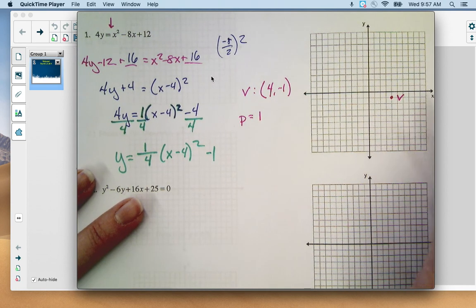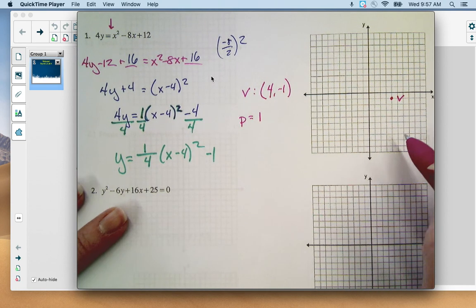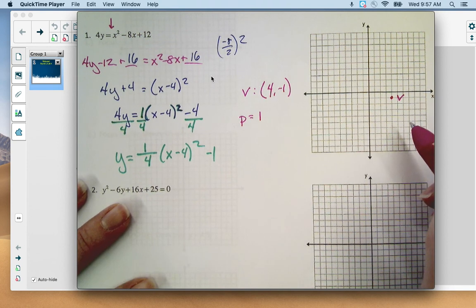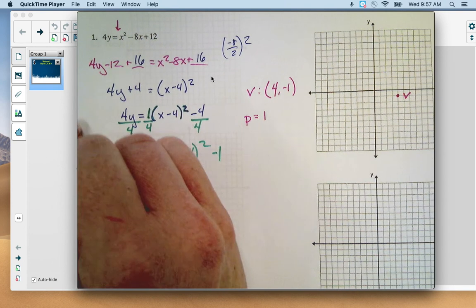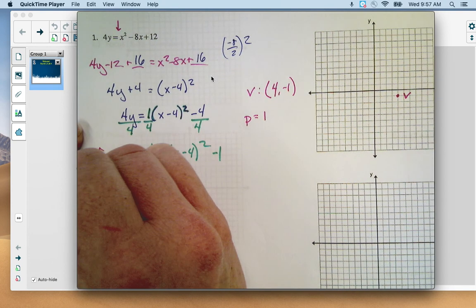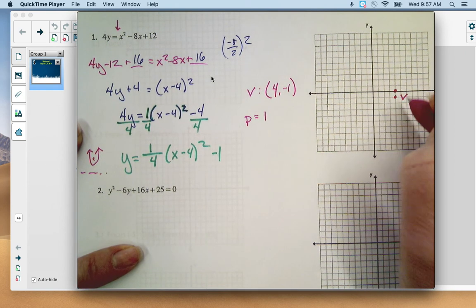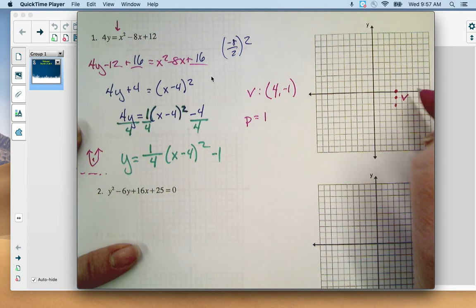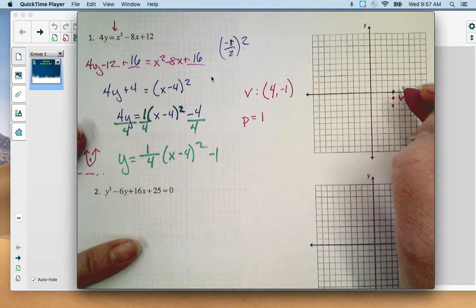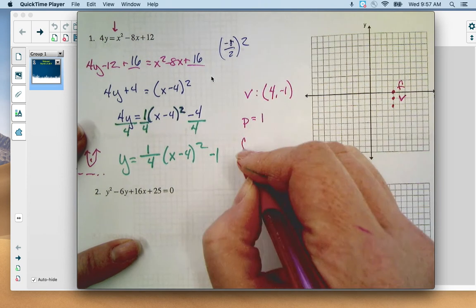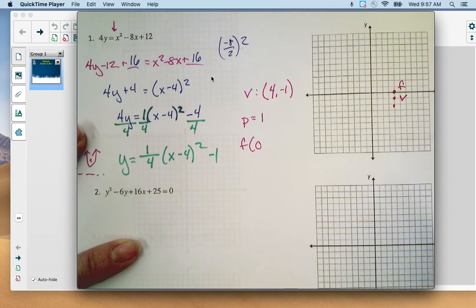Is it concave down? Am I going to the left? Am I going to the right? Which direction am I going? Concave up, correct? It's positive, so I'm going to draw myself that little sketch so I don't forget. So I'm going to go up 1 and I'm going to go down 1. When I go up 1, what am I finding? The focal point. So I know my focal point is 4, 0.